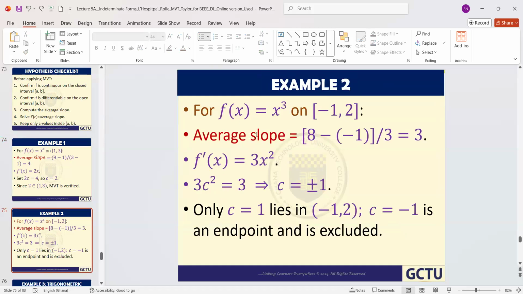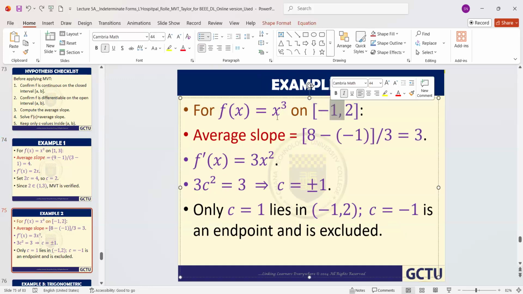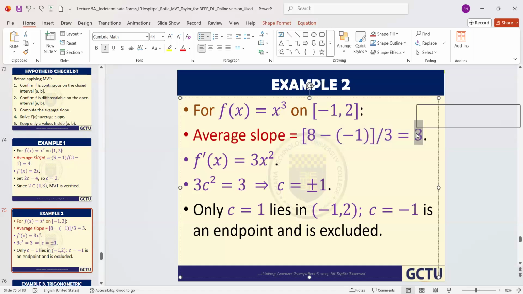There's another example here. Again, for the slope, what is 2 raised to the power 3? It gives me 8. Then when I substitute minus 1 raised to the power 3, I get negative 1. So 8 minus 1 gives me 9, all divided by 2 minus negative 1, which is 3. 9 divided by 3 gives me 3. So that's the average slope.